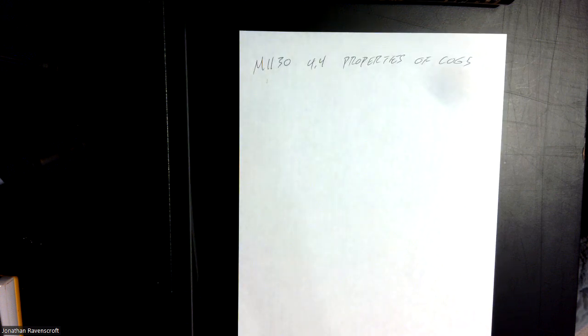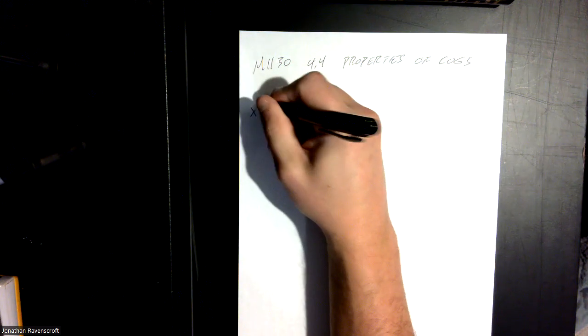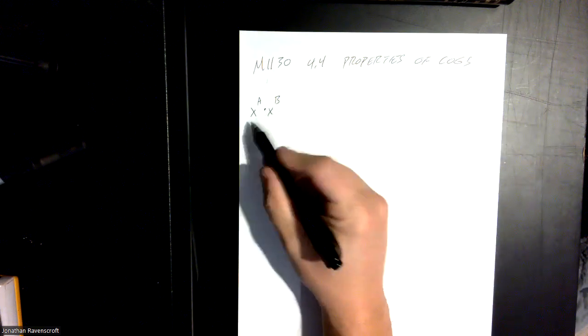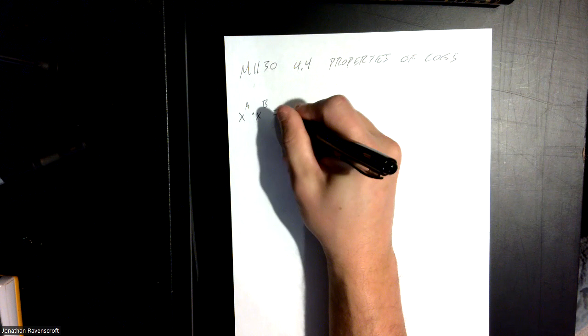Now, the same way we have rules for exponents, we also have rules for logarithms. For example, if we have x to the a times x to the b, anything with the same base, if we multiply, we add the exponents.